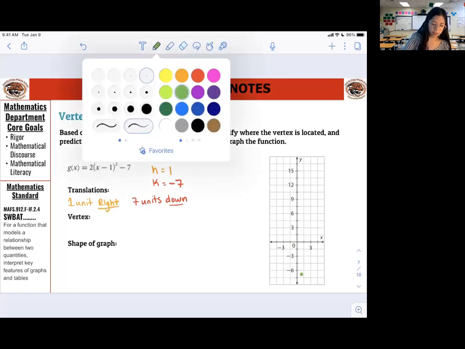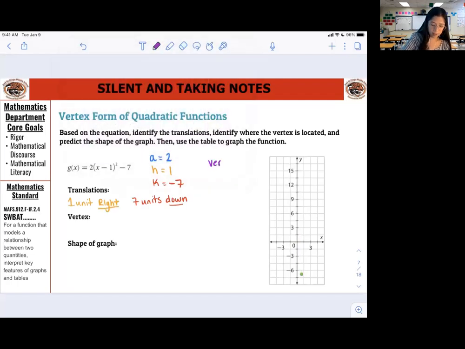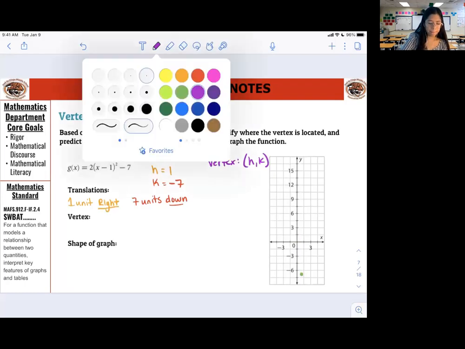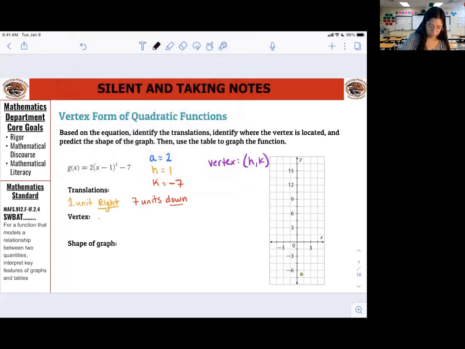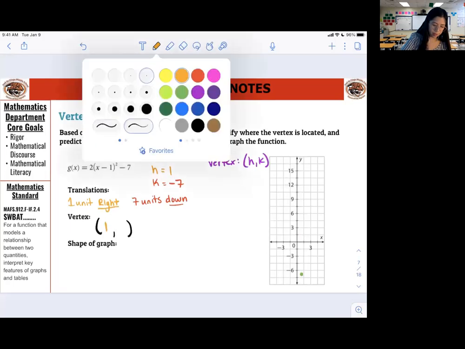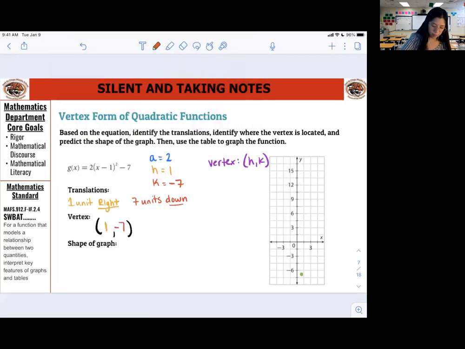Remember that the vertex is always going to be at h comma k. So where would my vertex be in this case? 1, -7. Yeah, exactly. 1 comma -7. That's where my new vertex is.